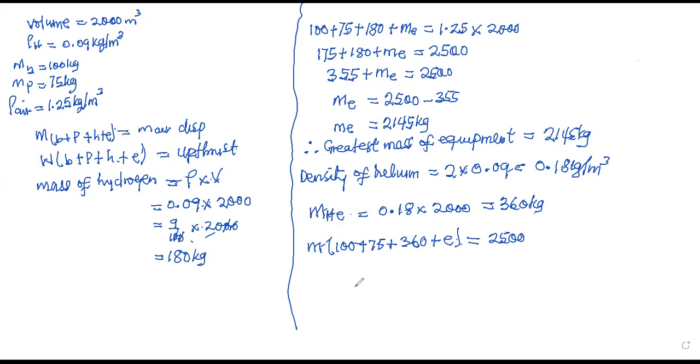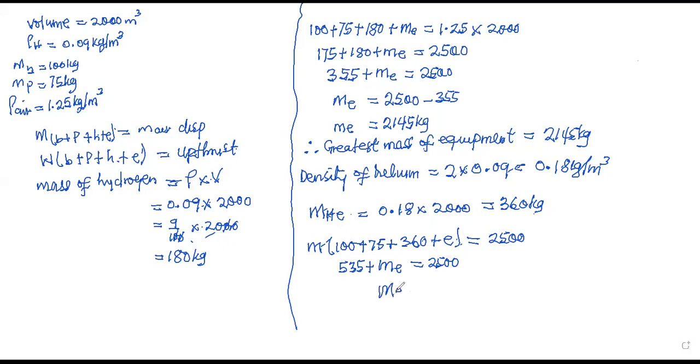So when we total this plus 175, this time we'll have 535 plus the mass of equipment that can be carried equal to 2,500.